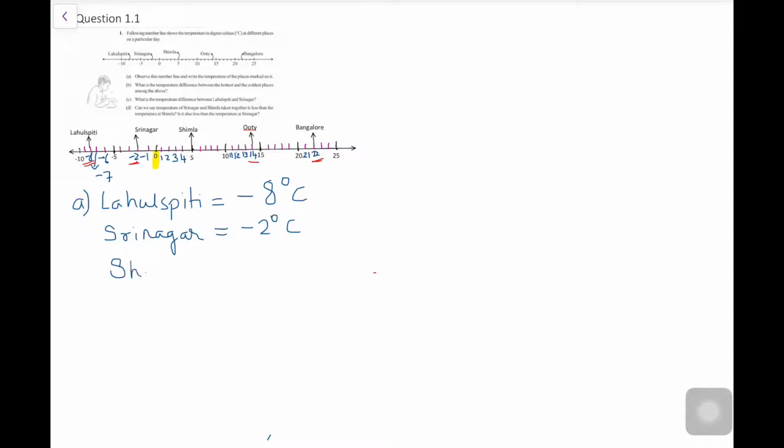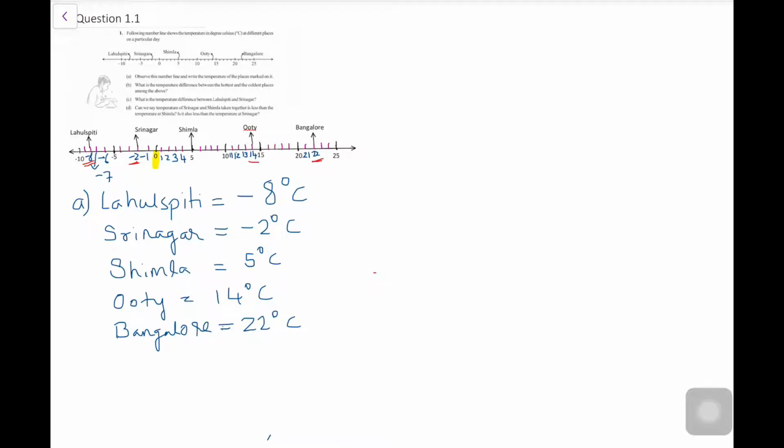Shimla, which is already given, is 5 degrees Celsius. Ooty is 14 degrees Celsius. And Bangalore is 22 degrees Celsius. So you see how easy that was? You just looked at the number line and wrote the numbers.